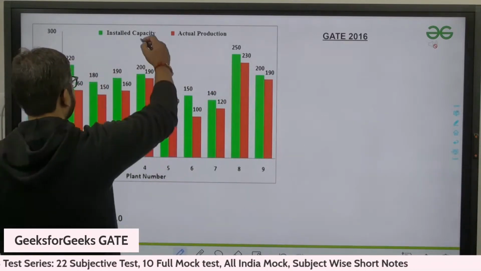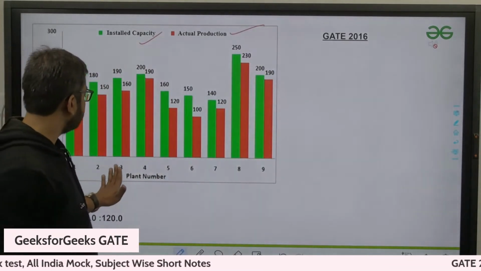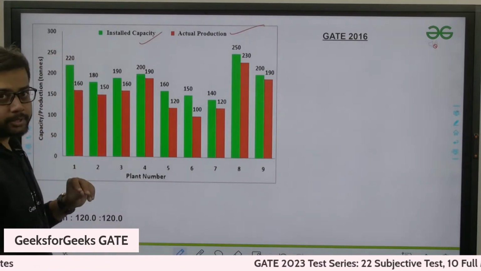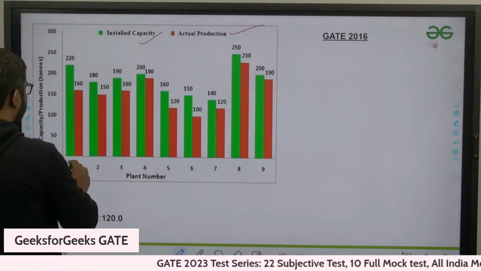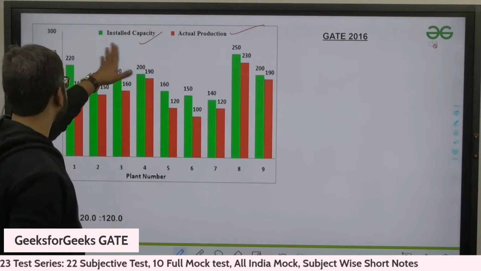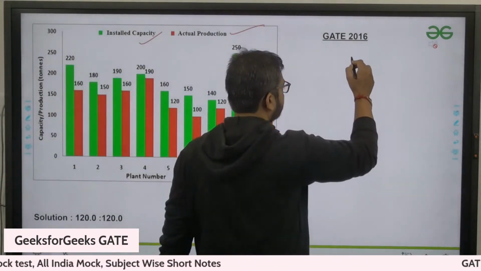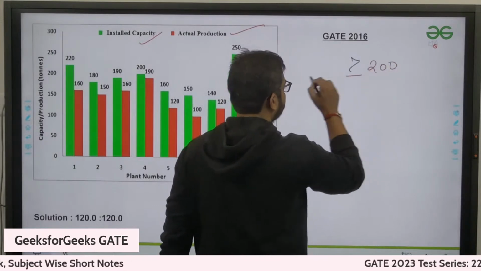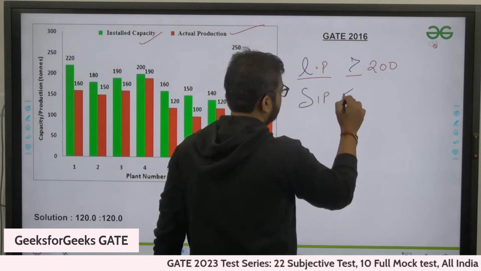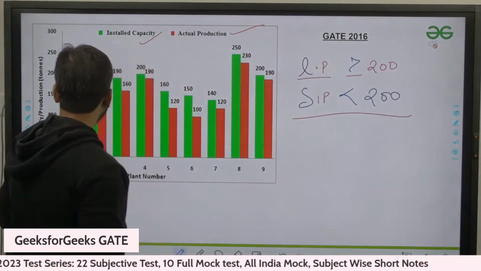This is the installed capacity and this is the actual production. We have 9 plants, numbered 1 to 9, and this is the production capacity in tons. If I'm asking which plants have an installed capacity of 200 or more, those are considered large plants, and less than 200 are small plants.